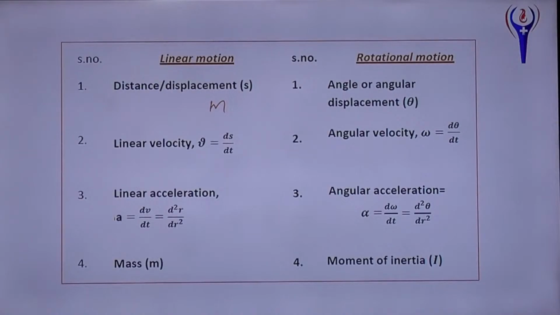Symbol for angle is theta. Unit of angle. Plane angle, solid angle, there we studied. How are we measuring angle? Degree. But degree is not an SI unit.